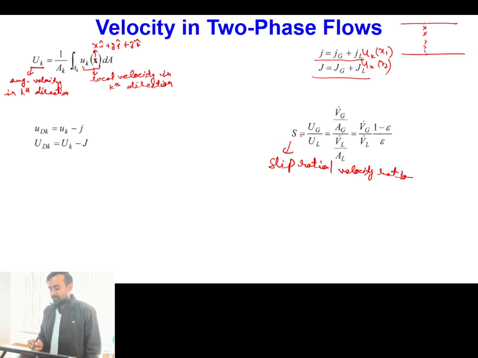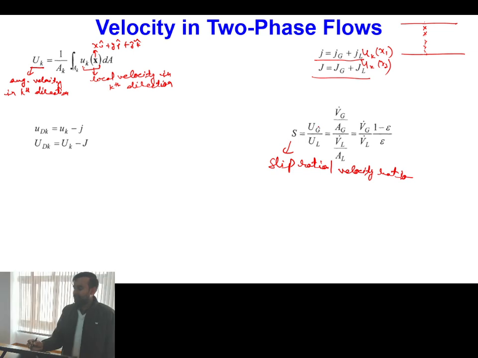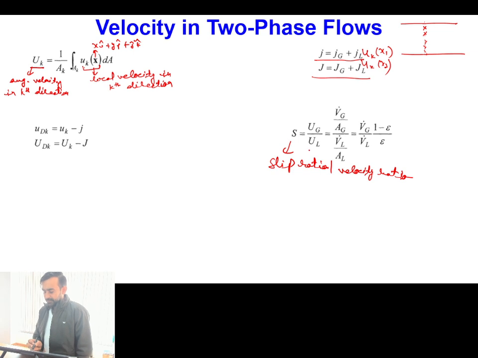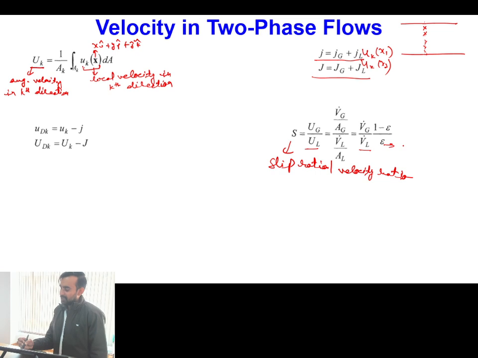This is nothing but the average velocity of the gaseous phase divided by the average velocity of the liquid phase, and it can be correlated in terms of the volumetric flow rate of gas divided by the volumetric flow rate of liquid, times (1 minus epsilon) by epsilon, where epsilon is the void fraction.